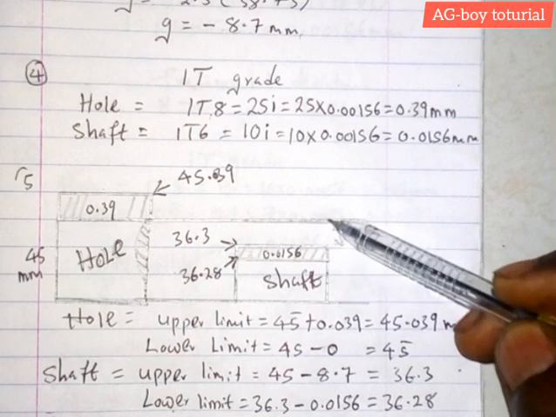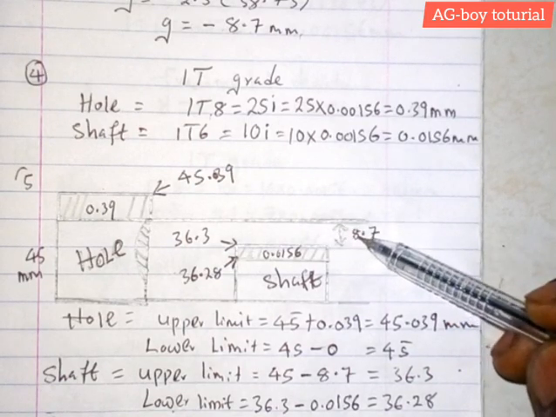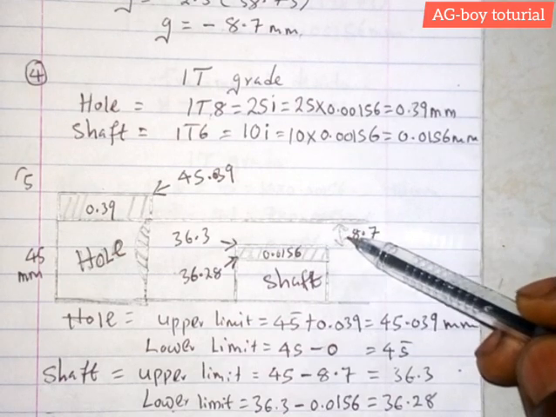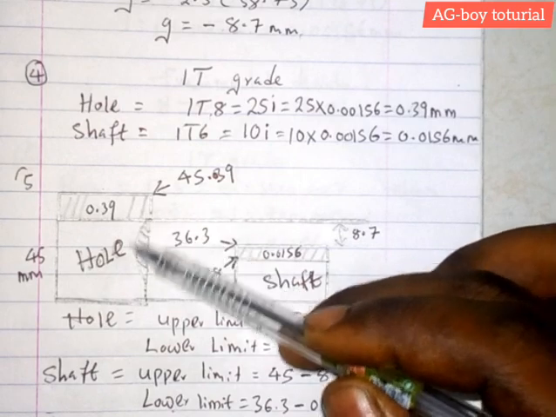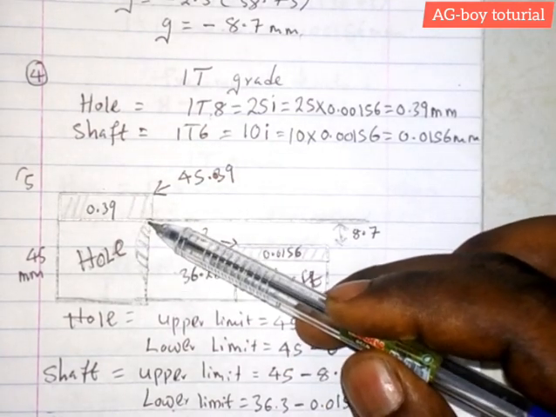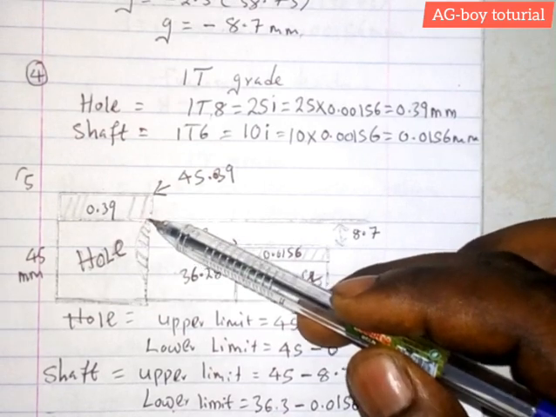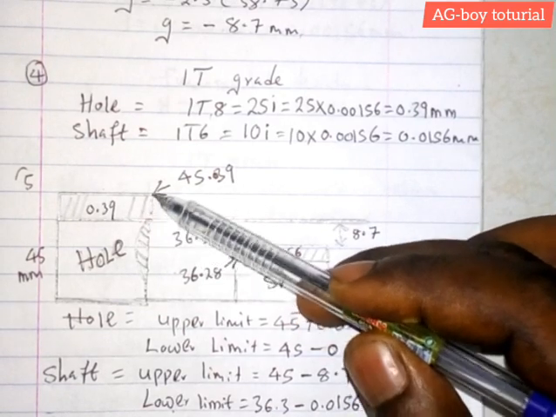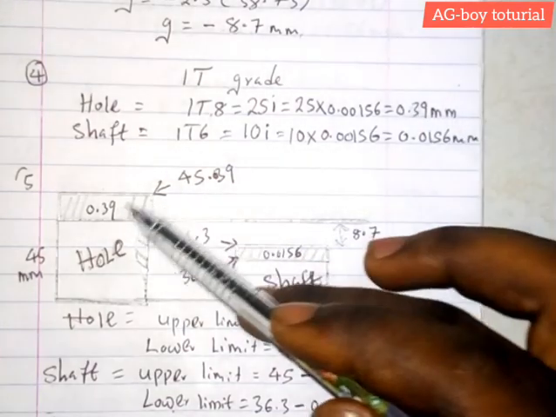Then we have an allowance which we got from our fundamental deviation as 8.7, or you can say minus 8.7. Then for our hole, we don't have a fundamental deviation, so it's 0. H is 0. Then our tolerance is 0.39.